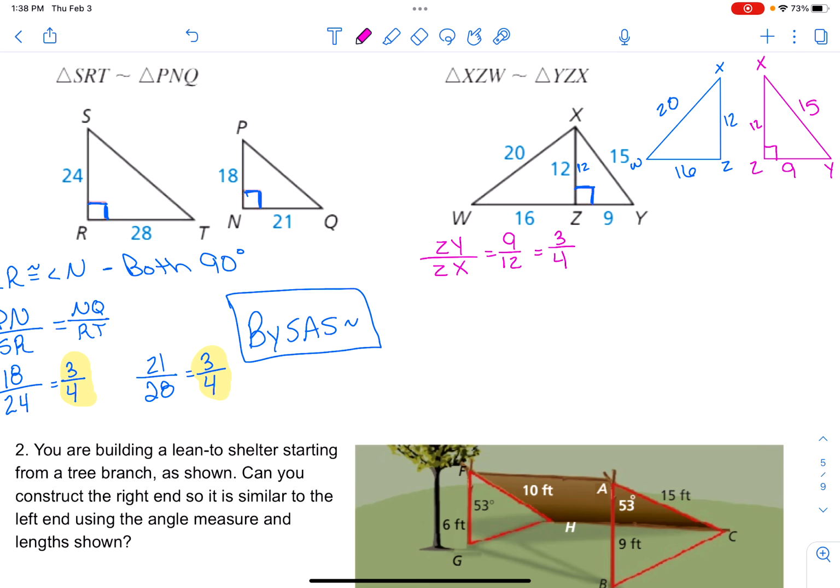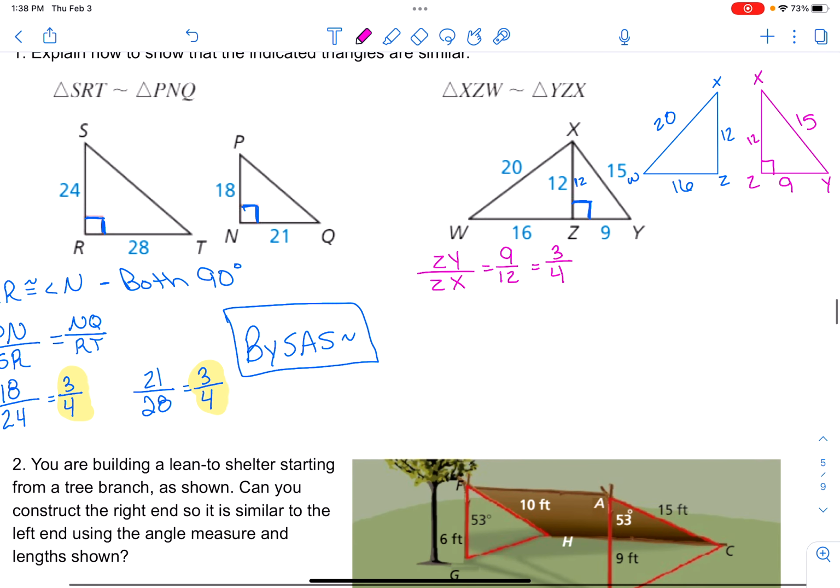Then we do our middle side. So we would have XY over WZ. XY is 15. Oh, nope, that's not right. My middle side is ZX and WZ. There we go. So that gives us 12 over 16. 4 goes into 12 3 times, goes into 16 4 times.